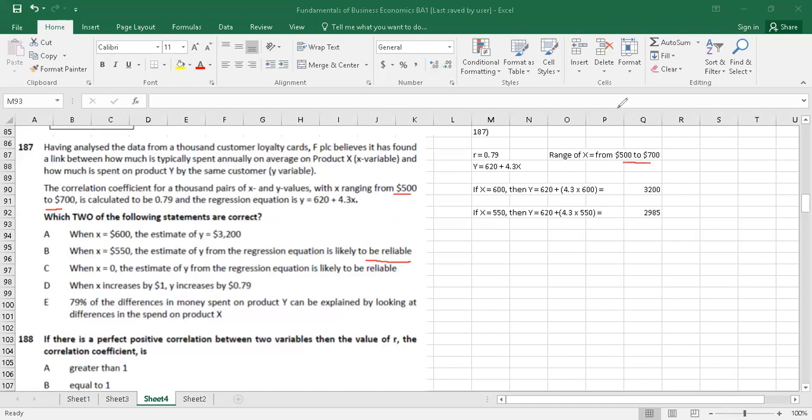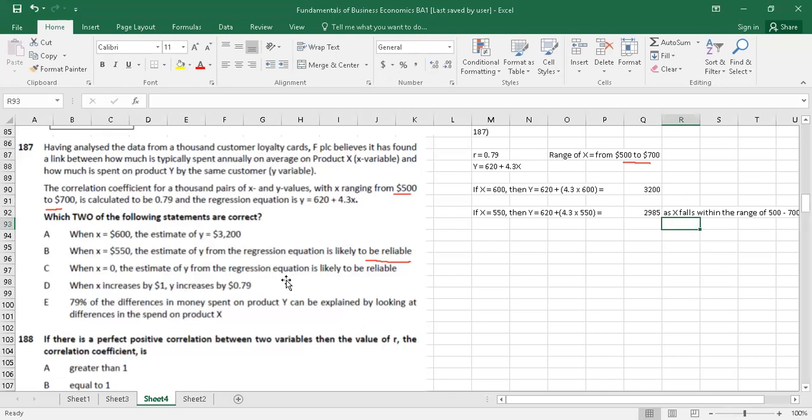So I will write it here: as x falls within the range of 500 to 700. Okay, so let's take it that way.